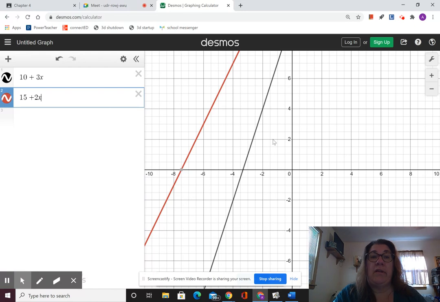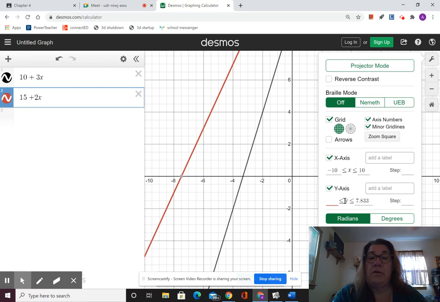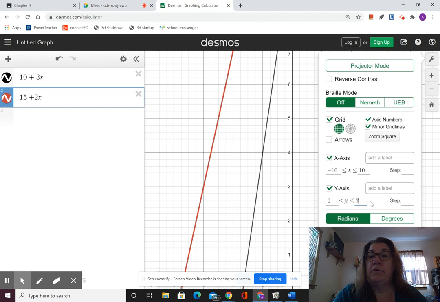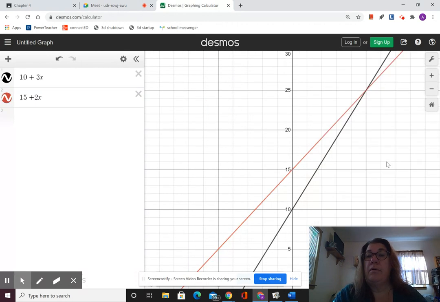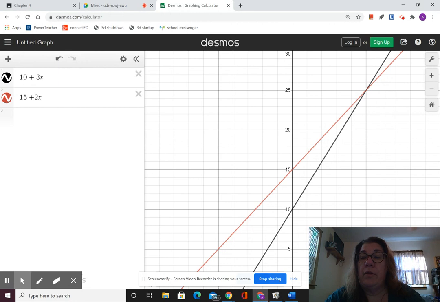Now I can't see where the intersection is, so I come over to my settings and I change my y-axis. So 0 to 30. And I can see that it intersects here. What is that on my x-axis? That's 5 down here. You can see it. 5, 25 would be my solution.